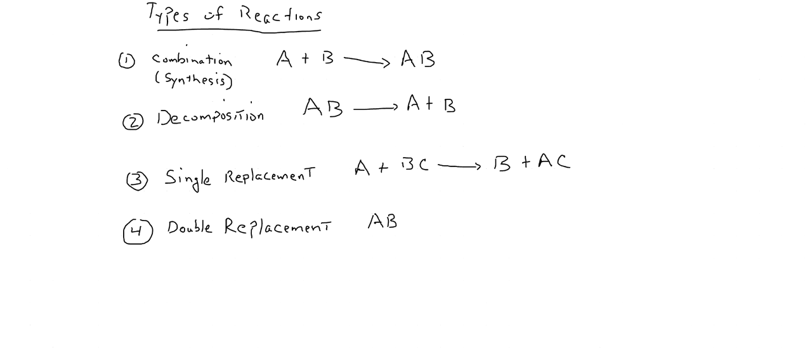A is always going to be the positive ion, B will be the negative ion, but we'll learn that later. And then we have another couple, CD. And again, they're going to swap mates. So A is going to go with D, and C is going to go with B. So you swap 2 things. That's called a double replacement.